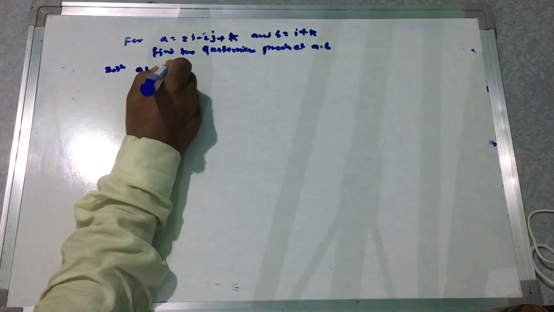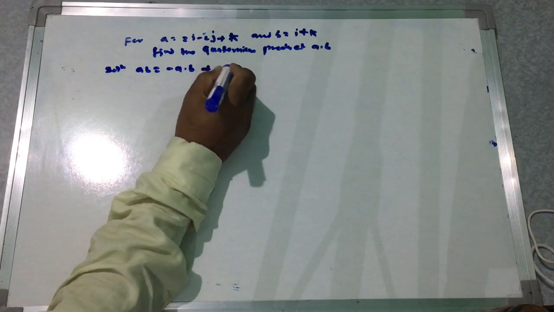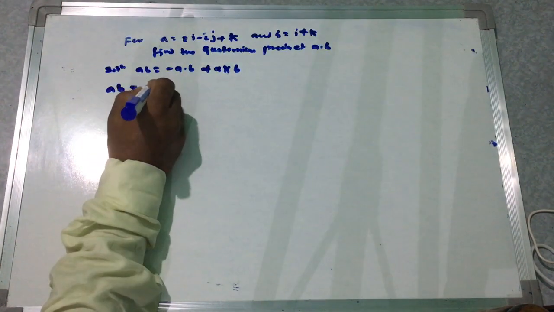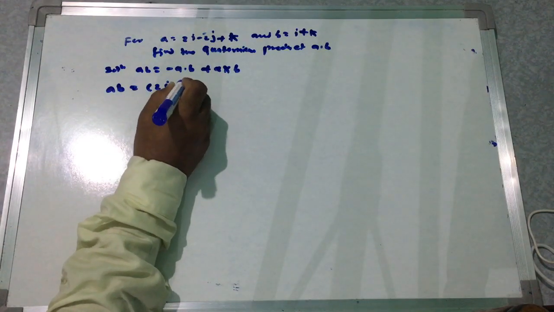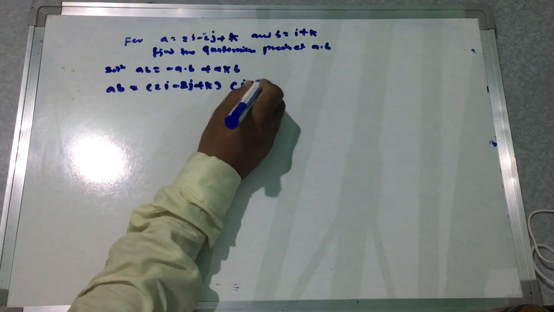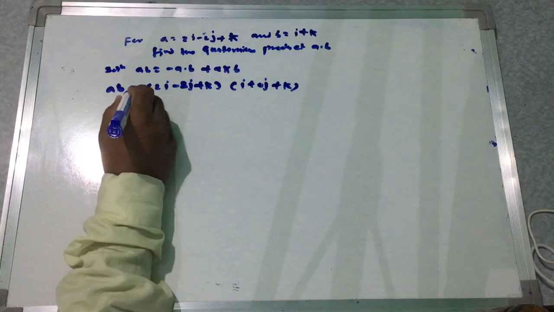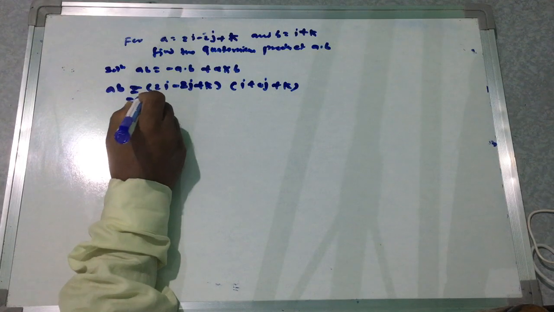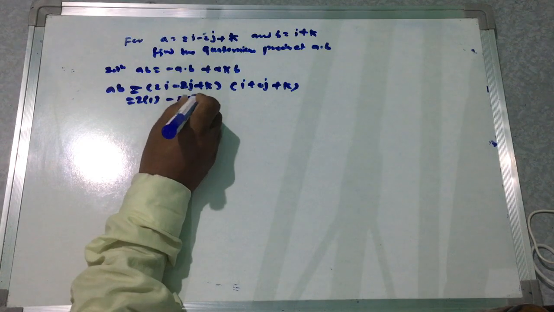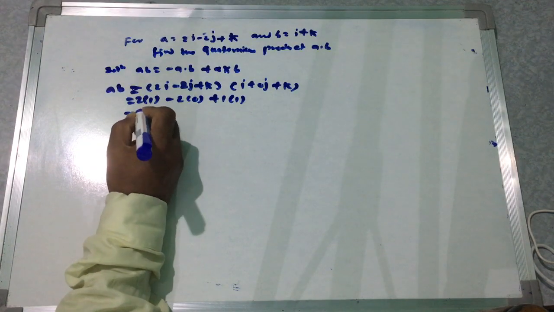AB is equal to minus A dot B plus A cross B. A dot B, with A equal to 2i minus 2j plus k and B equal to i plus 0j plus k, is 2 into 1 minus 2 into 0 plus 1 into 1, which is 3.